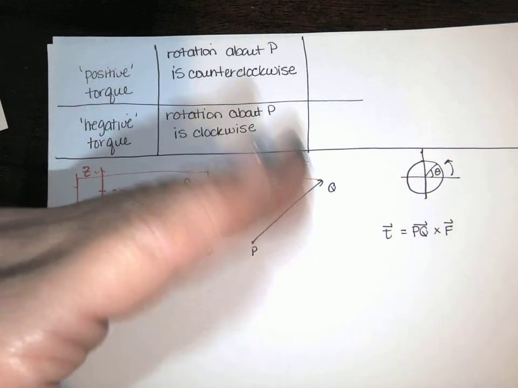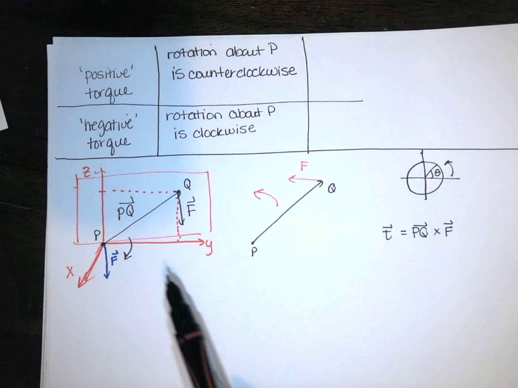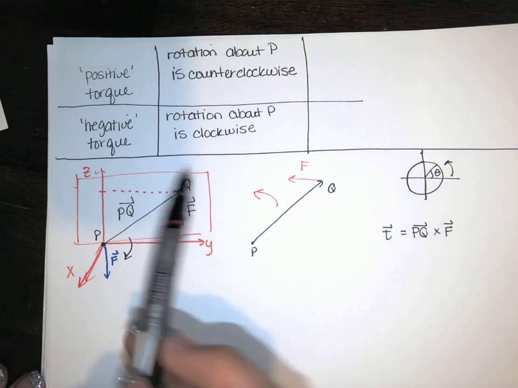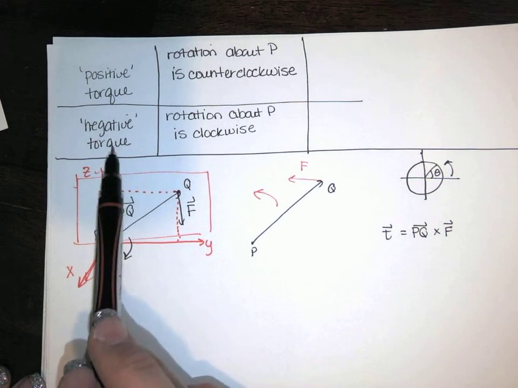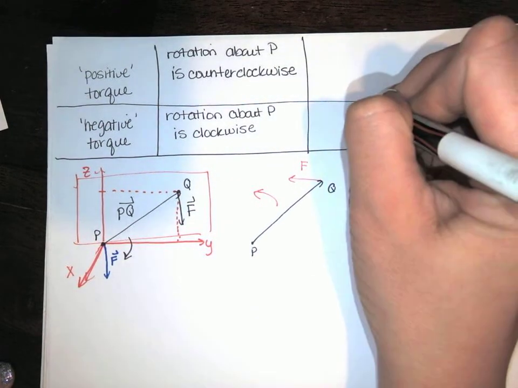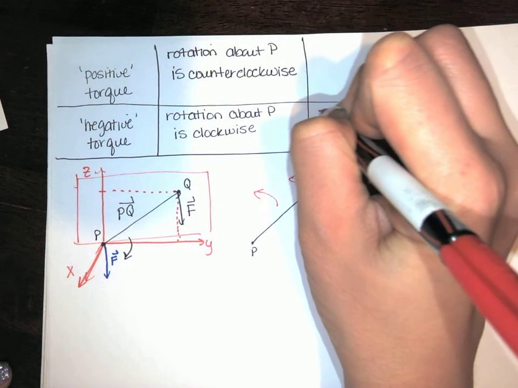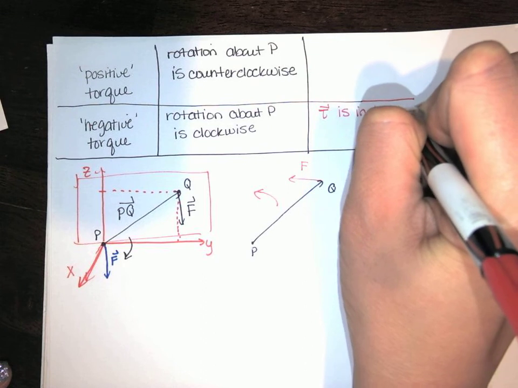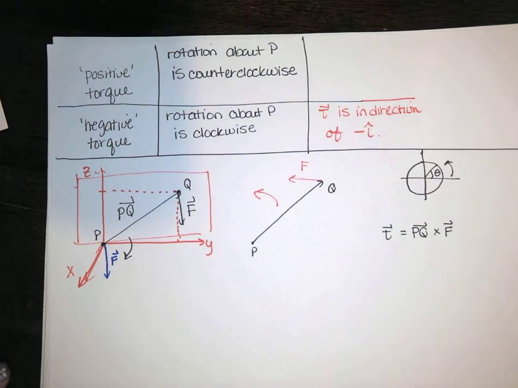So PQ crossed with F is going into the page when, let's look at our picture, that tendency to rotate is clockwise. So when the tendency to rotate is clockwise, the physicists call that negative torque. What we mean in our class in Calc 3 is that the torque is in the direction of negative i hat.